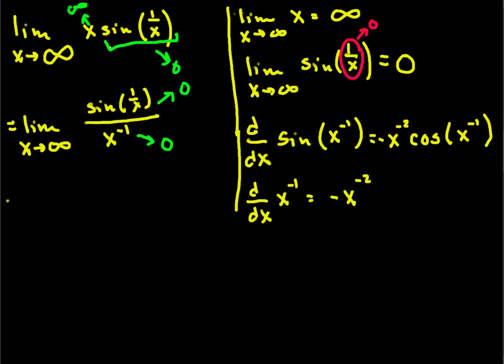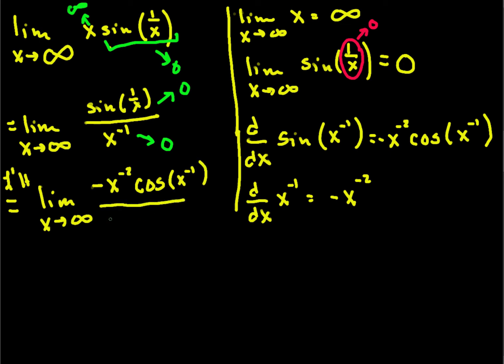So using L'Hopital's rule, this is equal to the limit as x goes to infinity of, on the top, negative x to the negative 2 cosine of x to the negative 1, divided by negative x to the negative 2. And lucky for us, these cancel out.